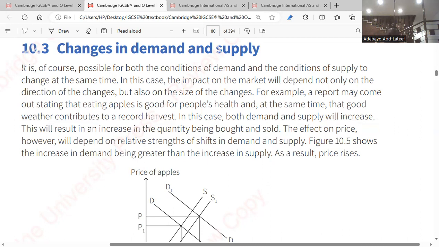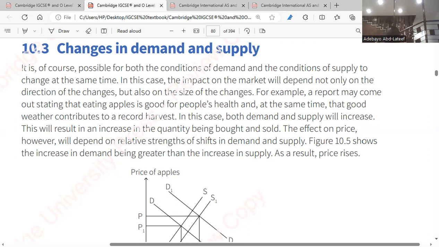They said the effect on price will depend on the relative strength of the shift in demand and supply. So if demand continues to rise, prices will increase. So we need to know the strength of demand and the strength of supply.